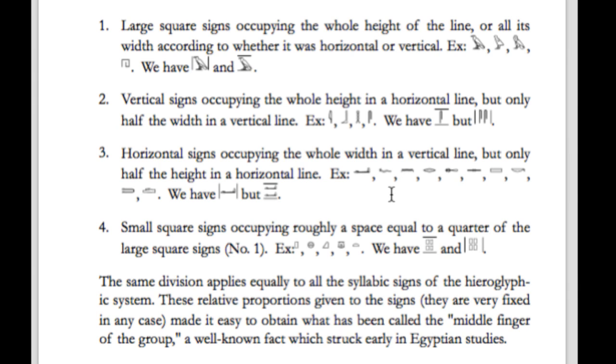So we have the arm, the viper, water ripple, mouth, the belly, teat, the door bolt, pool, cup and handle, etc., etc. And so it's written in a column form where it expands the whole width, but in a row, it's not tall enough so you can write 2 of them. So there's enough room to write 2 glyphs on top of each other. The tall glyphs, you can't write 2 on top of each other, but you can write 2 beside each other if it's in a column. This is what he's explaining.